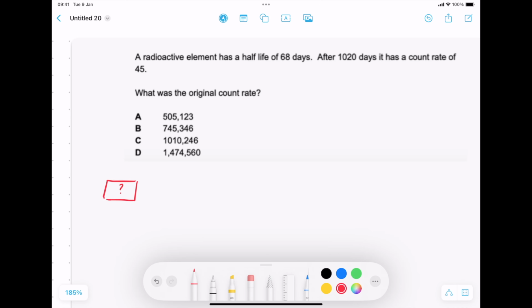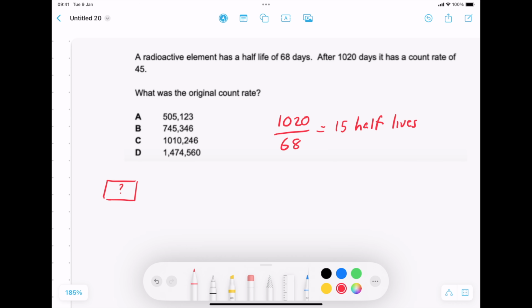We need to work out how many half-lives have taken place in 1020 days. So the first thing to do is work out how many half-lives have passed. That's quite simple: 1020 days divided by 68 gives us 15. There have been 15 half-lives.